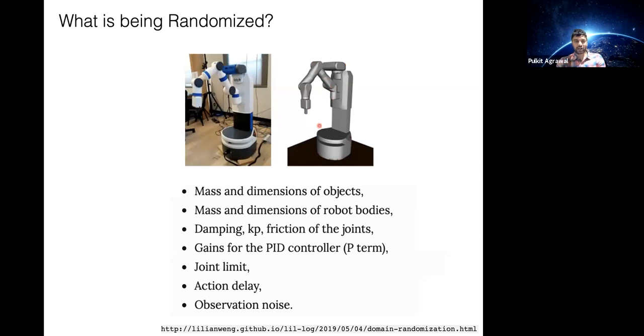So in the simulator, I could vary the mass and dimensions of the object and of the robot, and parameters like the damping coefficient of the joints and the gain for the PID controllers. There are also delays between the time I output a command and when it is applied on the physical system. So these are all things that we can randomize and then train over.